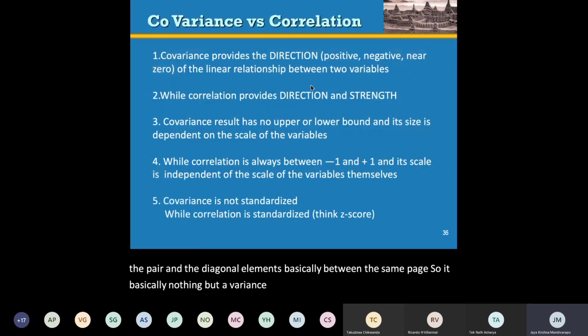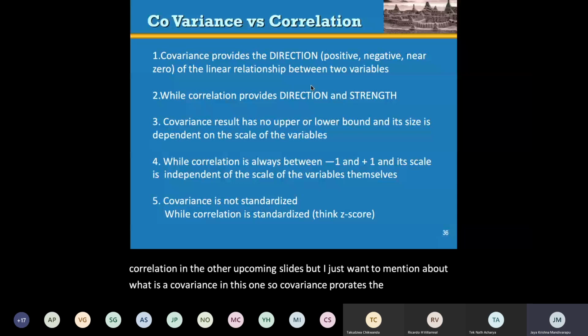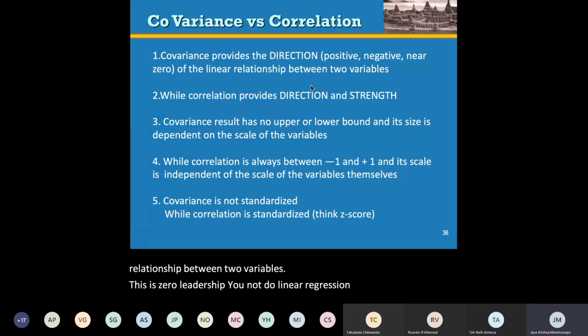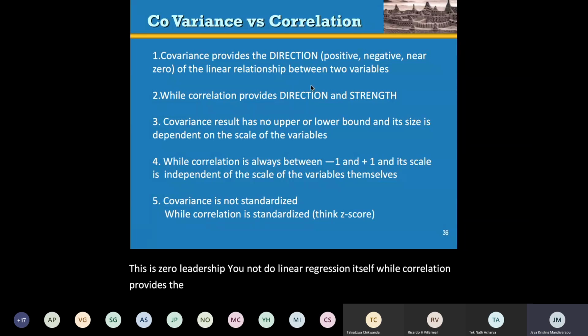Okay, so we'll be discussing correlation in the upcoming slides, but I just want to mention what covariance is in this one. Covariance provides the direction, whether you have a positive relationship, negative relationship, or a zero relationship between two variables. If it is a zero relationship, you should not do linear regression itself. While correlation provides the direction and strength, covariance provides only the direction, whether it's positive or negative.